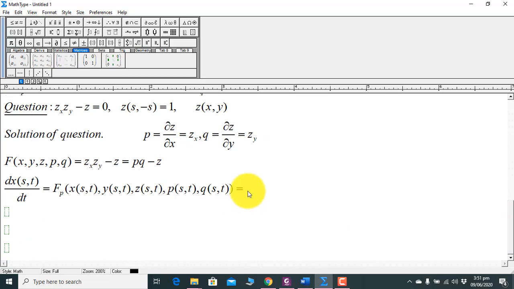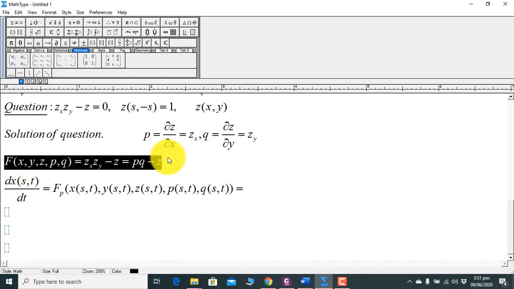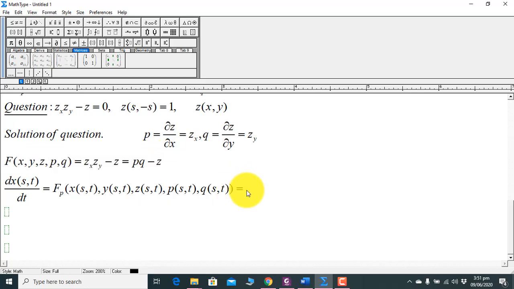So what is F p? It is very easy, just take the partial derivative of F with respect to p. The answer is q, because p, q, x, y, z now behave as independent variables, and you don't have to mix them. So F p will be only q.